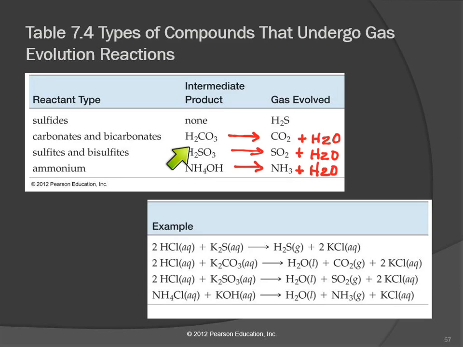If you get one of these 3 things, you need to remember those guys are unstable. They will lose a water molecule and form a gas. So mixing ammonium chloride with potassium hydroxide, the potassium and the ammonium switch places, so you get KCl, and you get ammonium hydroxide. The ammonium hydroxide comes apart into ammonia and water.